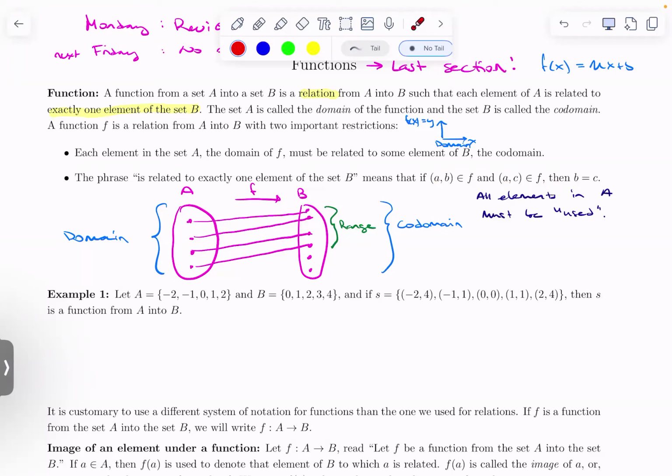It can only go to one value in the codomain.